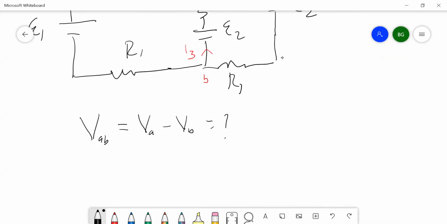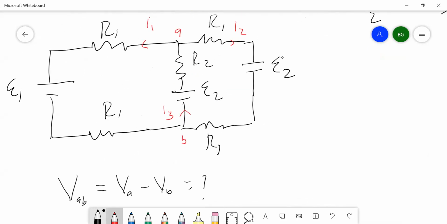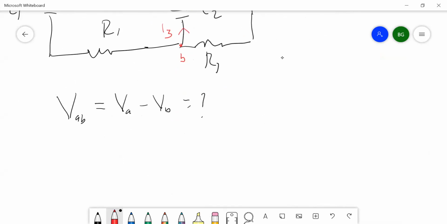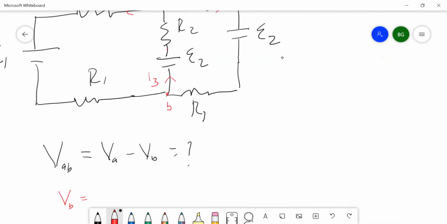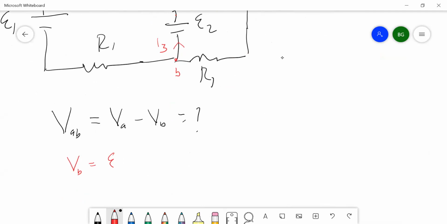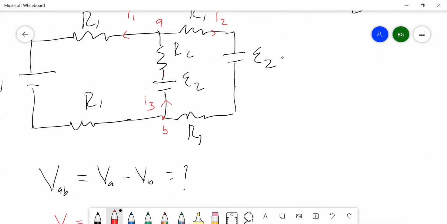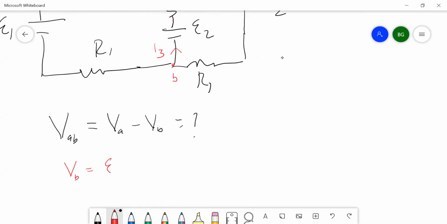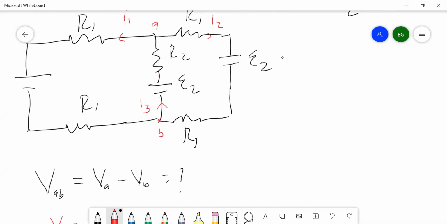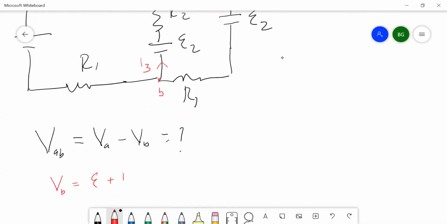So you see that if we start from this point to this point and then to this point, this VB equals epsilon plus I3 R2, plus VA.